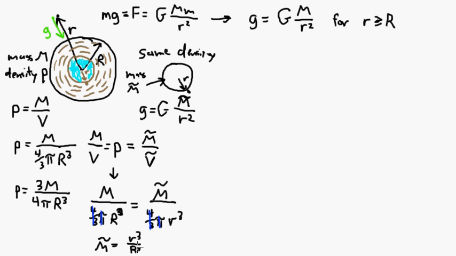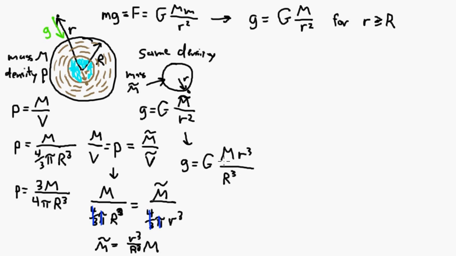So here we go. Now we just take that and plug it in up here to find g when you're inside the big planet or on the surface of the little planet. So g equals big G, and then we use M squiggle, which means we use big M times r cubed over R cubed, all over little r squared.